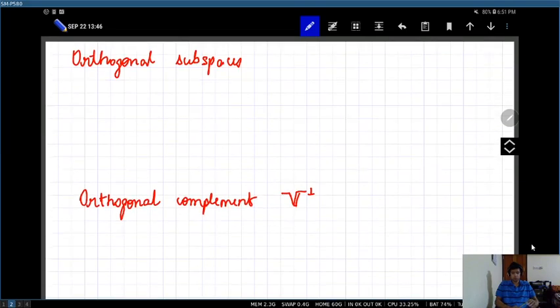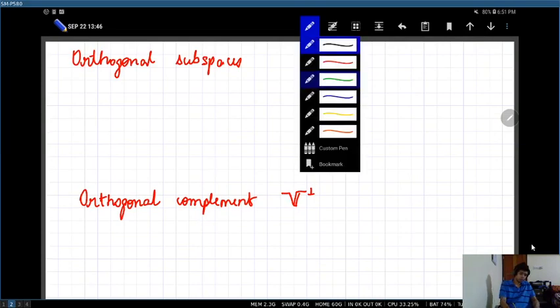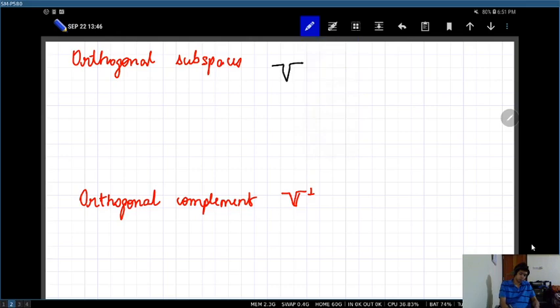So we know what orthogonal and orthonormal vectors are. What do we mean by orthogonal subspaces? If we are given any two subspaces V1 and V2 of some vector space V, we say that the two spaces are orthogonal to each other if every vector in V1 is orthogonal to every vector in V2.